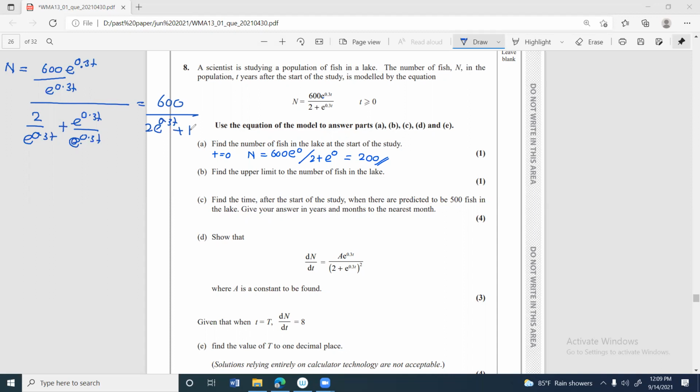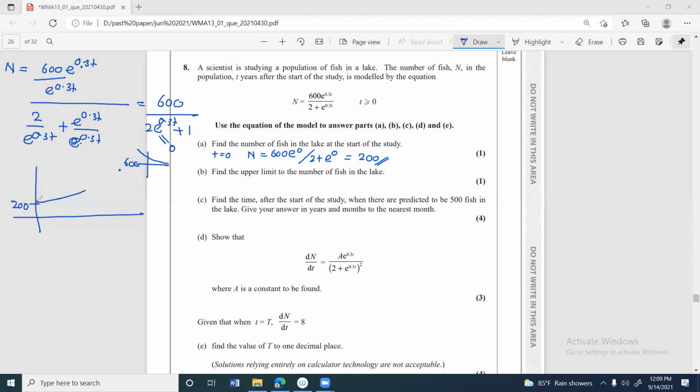Then what happened here is when t equals 0, it remains as 200. When t goes to infinity, this value turns to 0, because you know that the e to the power negative graph is this kind of shape. Therefore, this answer turns to 600 at infinity.